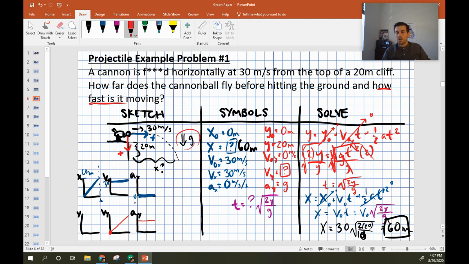And then the y graph needs to get steeper over time. We're starting from 0 because that's our coordinate system, but then it's going to get steeper and steeper as it falls until it gets to right here, also at t, but that t is at 20 meters in the vertical direction, because that's how far it fell.